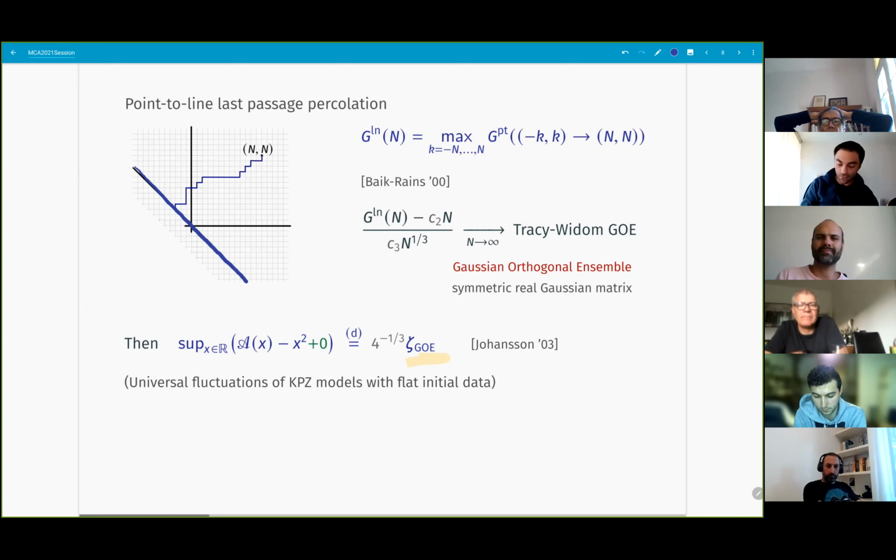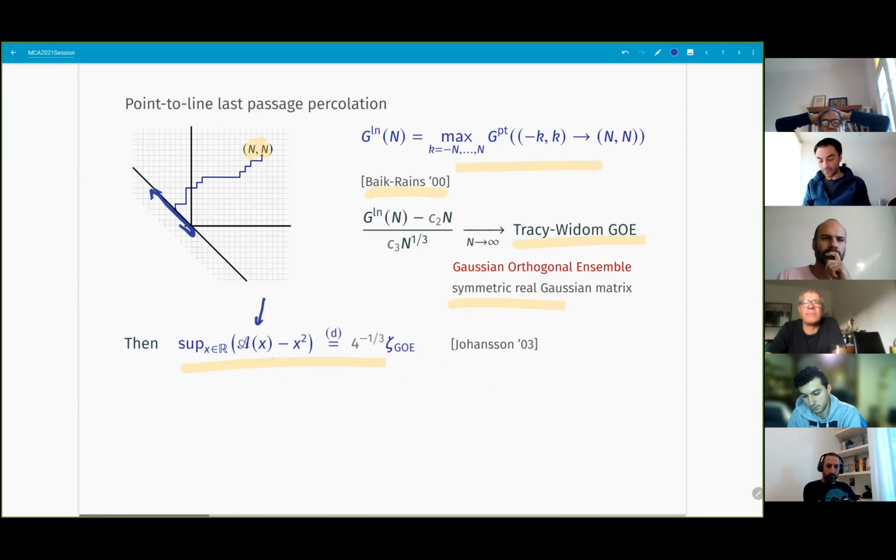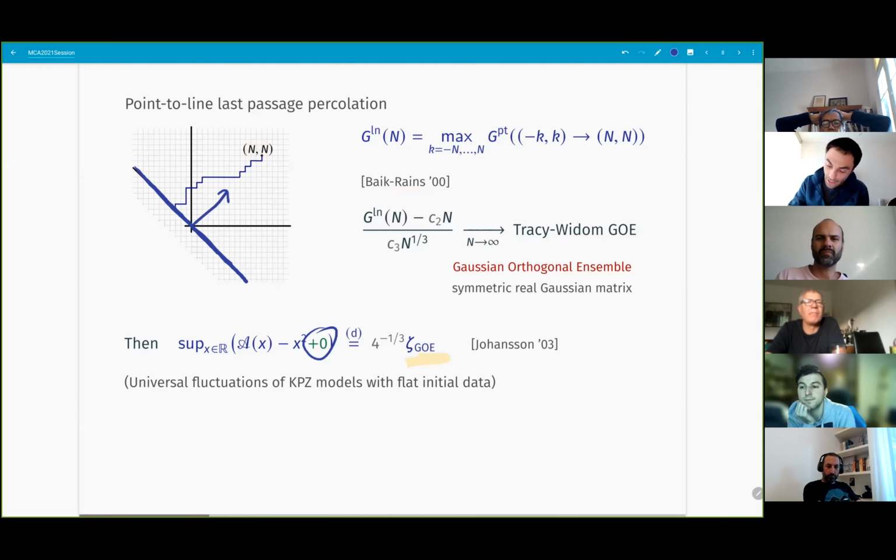And then you can think of either this last passage percolation model, or the interface of points which you can get to as n grows, which gives some sort of growth model, and the initial condition would be exactly this one, okay? And growth is in this direction, so this is the flat initial condition, okay? And the way in which it shows up is here. As I was saying, it's the supremum of this Airy2 process minus a parabola, but I can also think of it as adding 0.